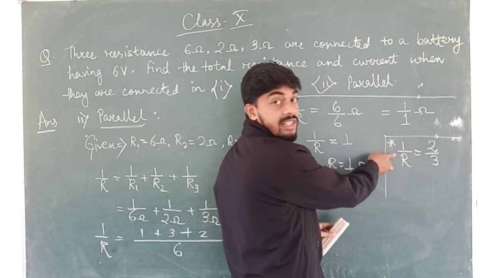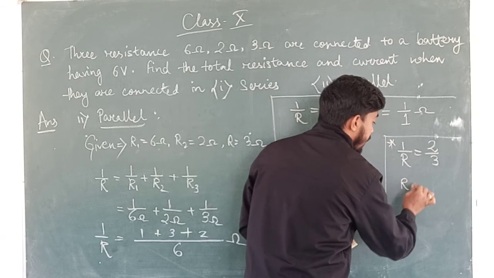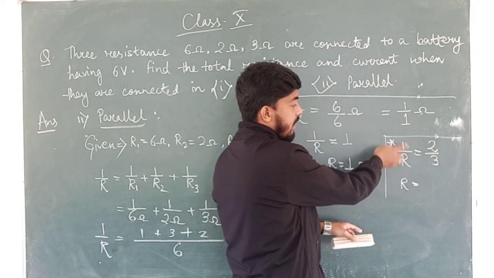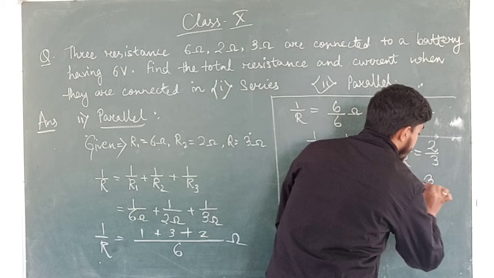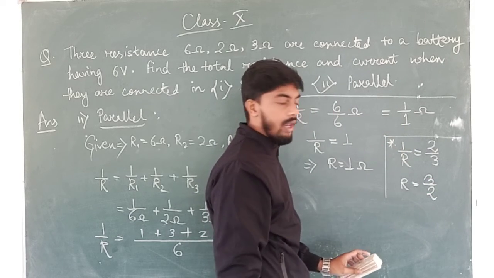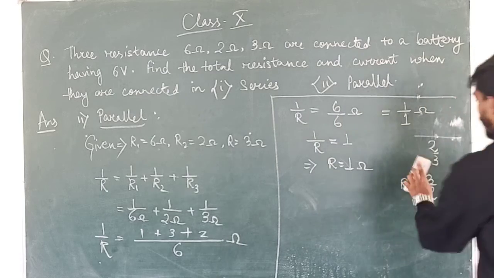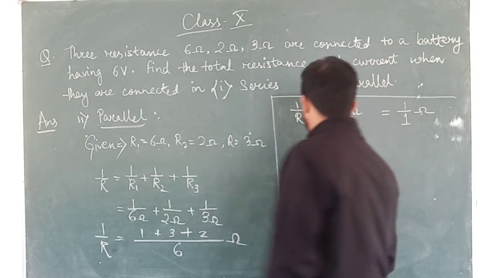Then we have to inverse this. It was 1 by R, so we will inverse it to get R. So as I have inversed it, this will also get inversed. 3 by 2, it will become like this. Then we will divide whatever the value comes. Here it directly came 1, so it's okay for now.